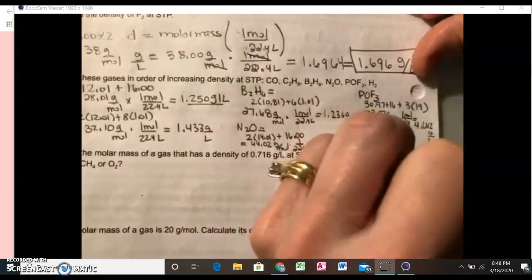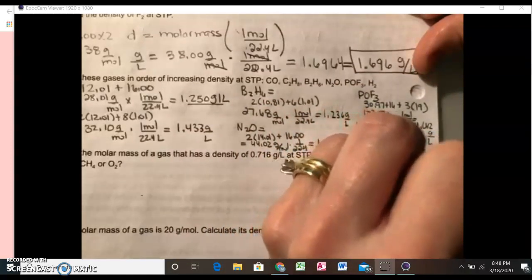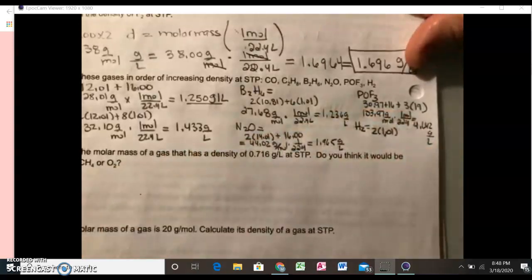Then we have hydrogen. So 2 times 1.01 multiplied by 1 mole, 22.4. Sorry, that should not have said grams per liter.